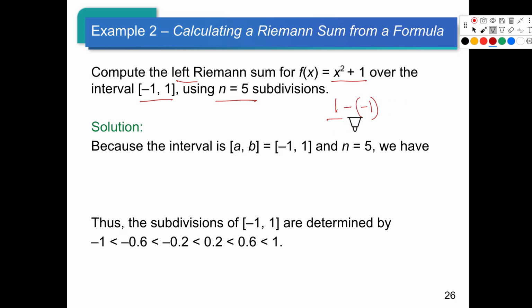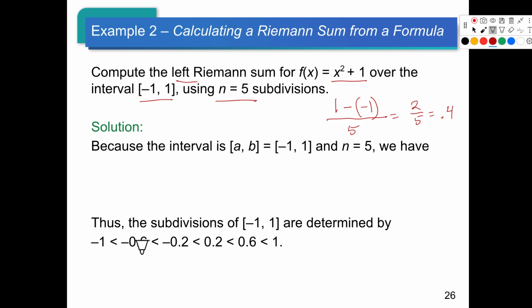And then we divide that by however many intervals we're going to have. So this ends up being 1 plus 1, which is 2, over 5. So each of our rectangles will be 0.4. Okay, that's our width.